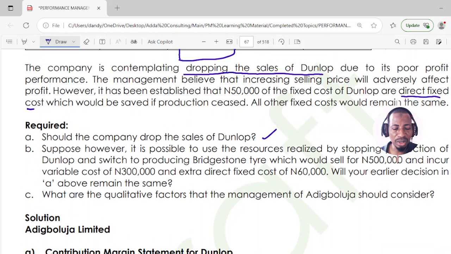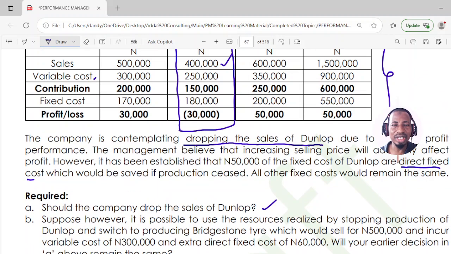I will go back to the question to see if I'm given additional information that relates to any other relevant cost. So the examiner has told us in the question that, however, it has been established that 50,000 of the fixed cost of Dunlop are direct fixed costs. Direct fixed cost is a relevant cost. If it is direct, that means that fixed cost of 50,000 is directly related to the production of Dunlop.